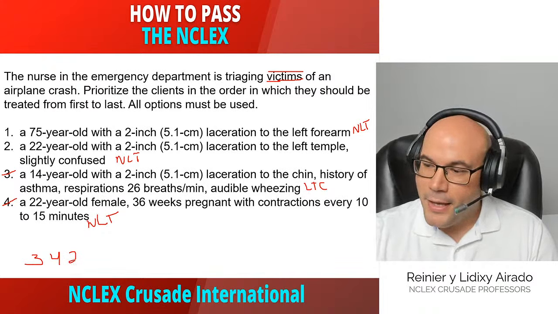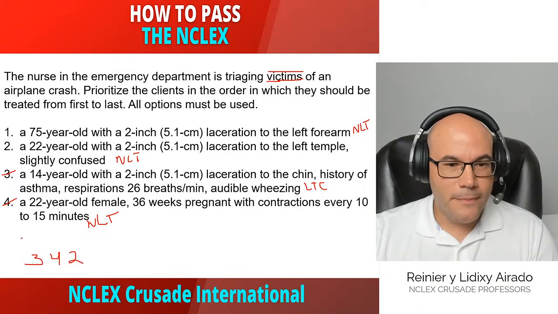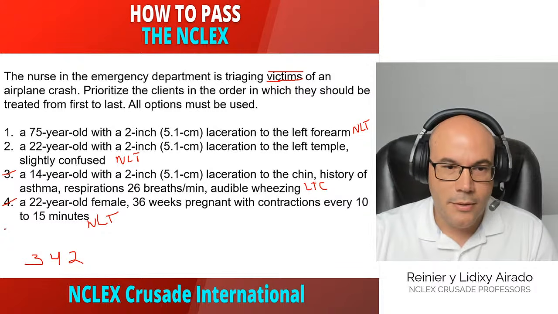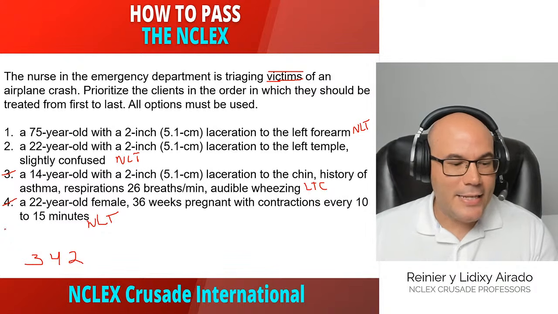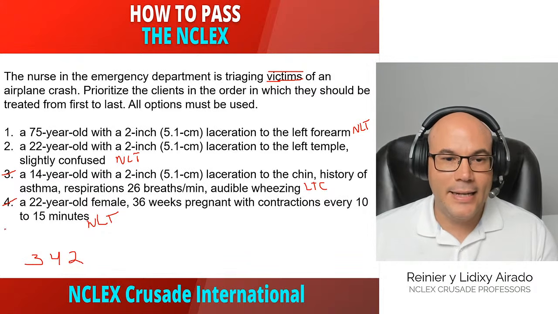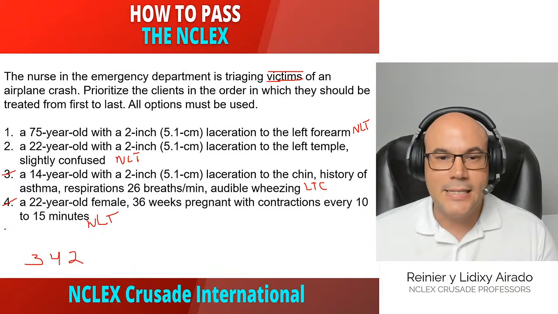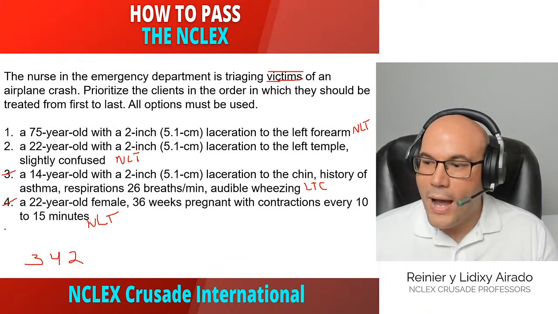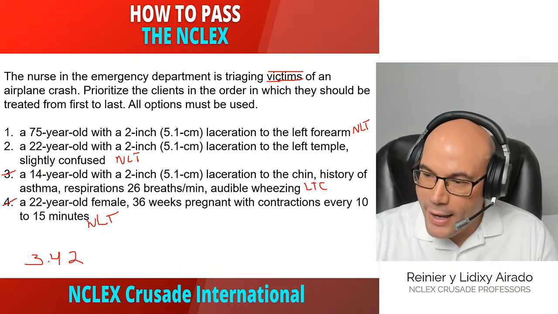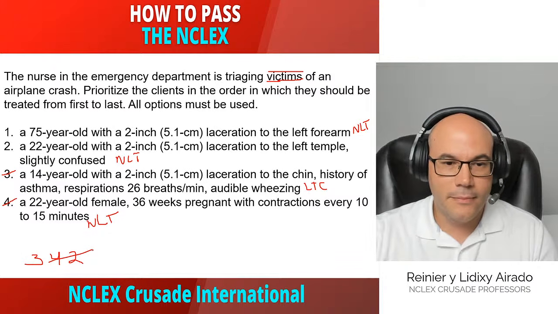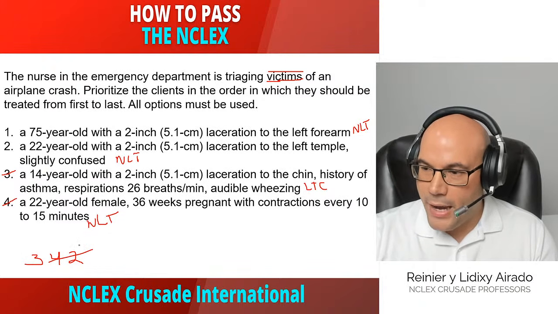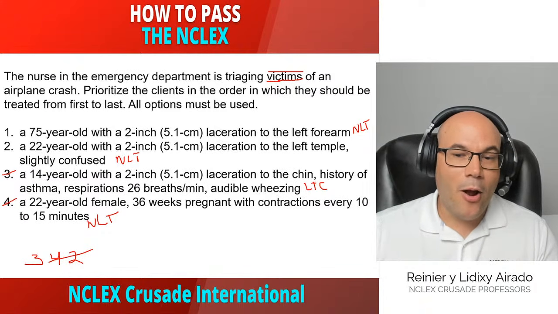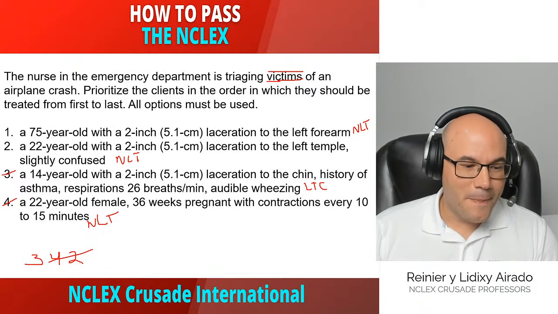You see, 342 is the most common answer. That is what I see you guys selecting the most, but this is incorrect. Why is that incorrect? Why is this a mistake? Because if you compare 4 and 2, we have a problem in answer number 4.